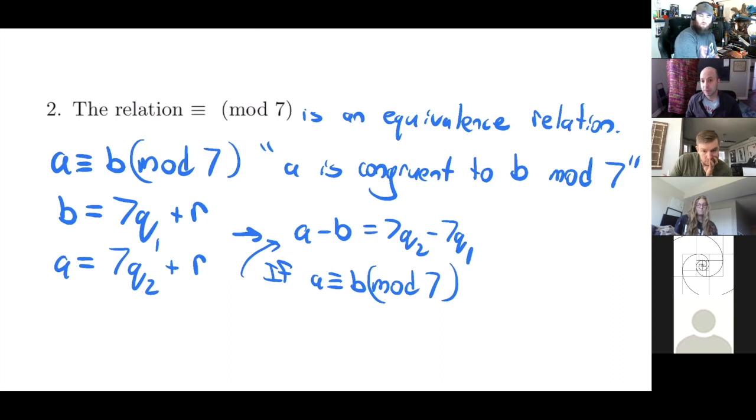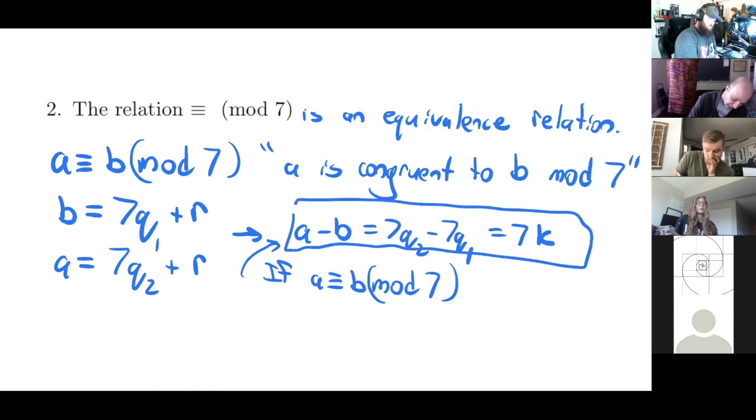So one way that is often useful for writing out what it means for two things to be congruent mod 7 would be to say that when we take their difference, either A minus B or B minus A, their difference is divisible by 7, because the remainders are going to cancel each other out.